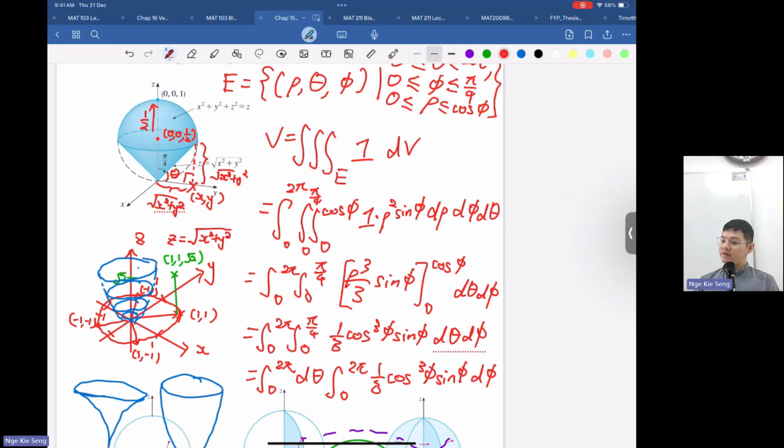Can you integrate cos cubed phi sine phi?